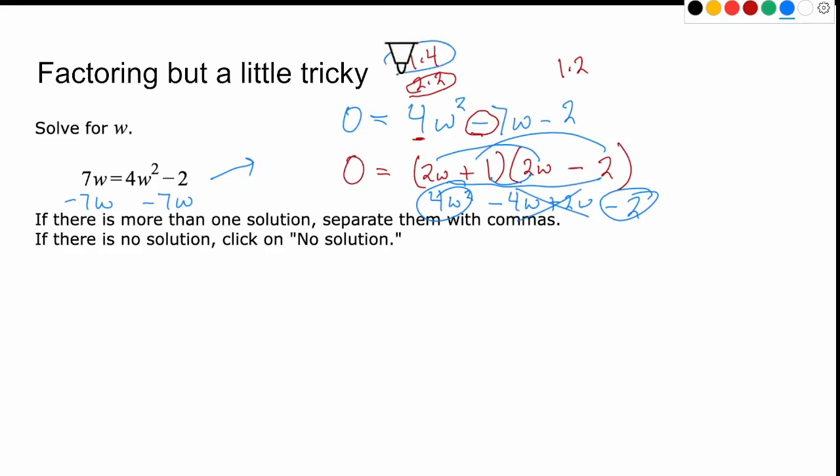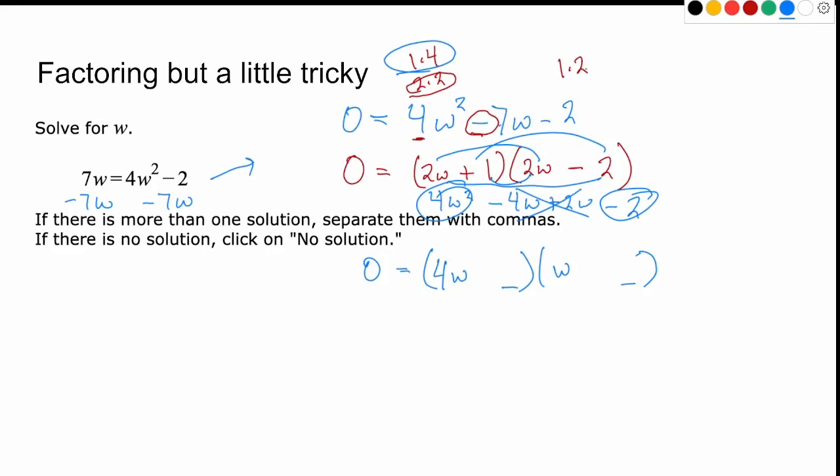Let's try our 1 and 4. So I'm going to factor it this way. Let's go with 4w and 1w, just like that. And I still have my 1 and 2. Noticing the middle term is 7, I'm going to say, okay, where do I put the 2? Do I put it here or here?